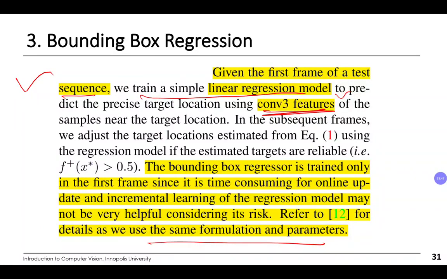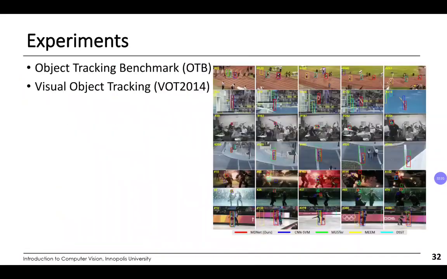Here they explain how they get it nicely, but most of the details are in the paper. If you are interested in more engineering details, like how they bring these regression layers into their network and how they train it, you can go to paper number 12 in the original paper.